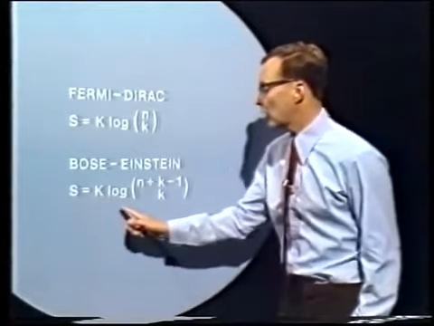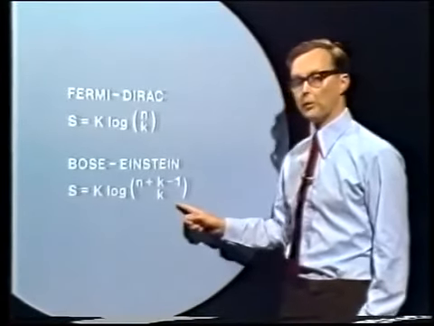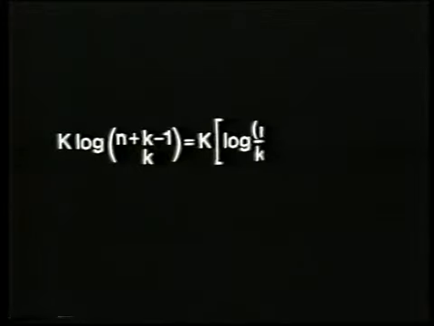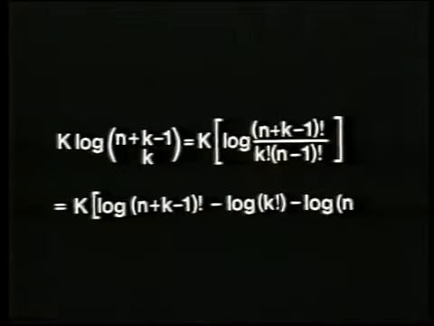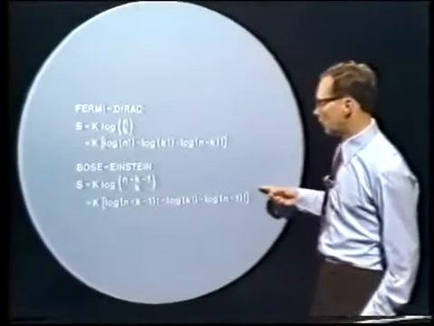S is equal to k log W, where W is this binomial coefficient. We have k log of n plus k minus 1 choose k is equal to k log of all of this. And again, we can split the log up. We have k times log of n plus k minus 1 factorial minus log of k factorial minus log of n minus 1 factorial. So these are the results that we've got.